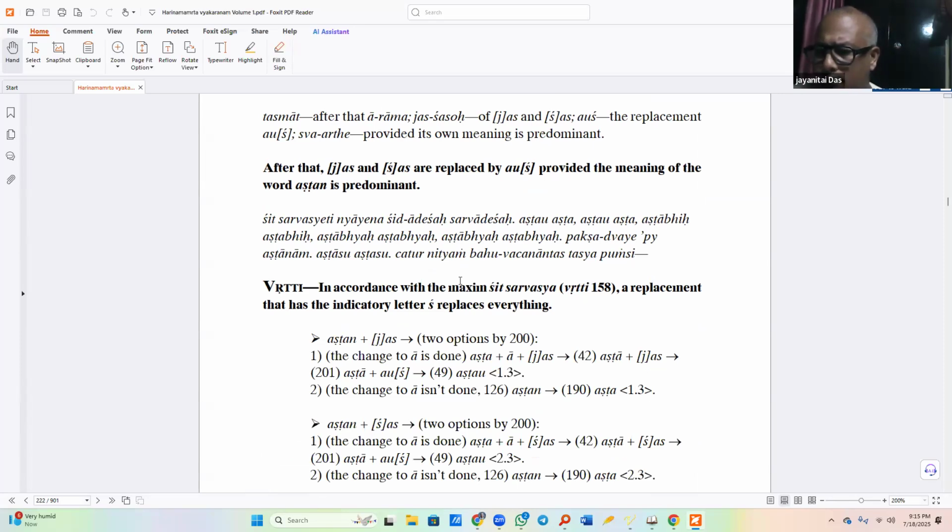What does it mean that it replaces everything? So Aush is replacing Jas completely. That is what it means by replacing everything. Jas is completely replaced by Aush because Shah is the indicated letter there.